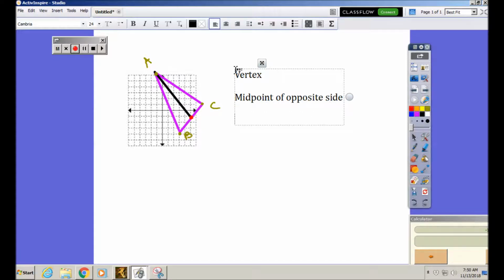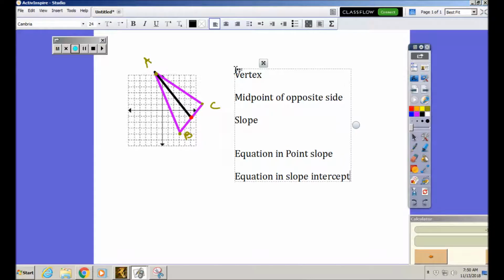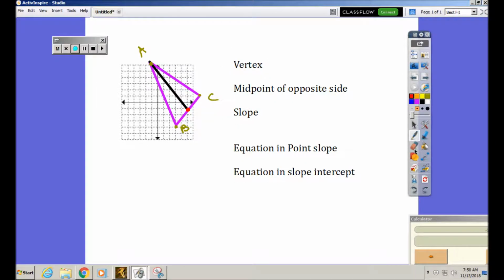Then I'm going to need the slope. Not the clope, the slope. Okay, are we ready? So, this should make it a little bit easier for you if you're taking notes.